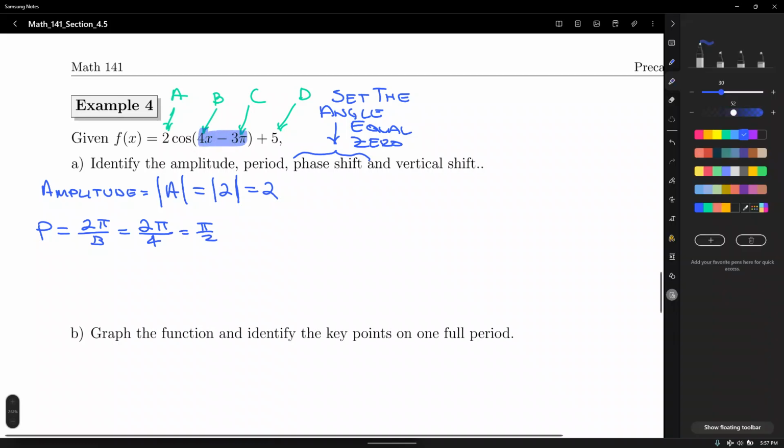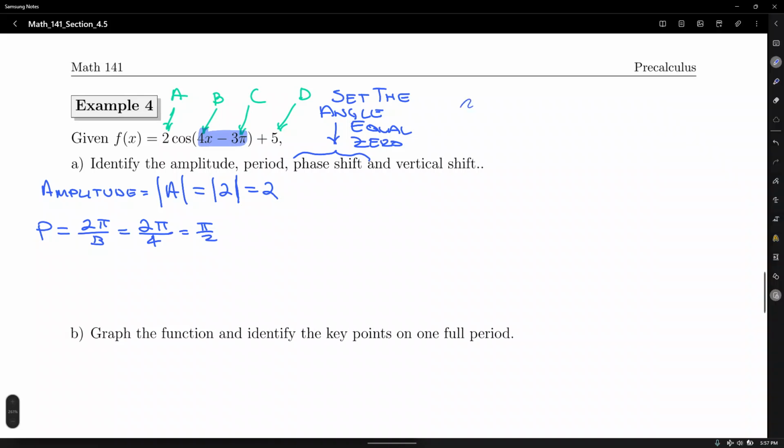That's the angle, 4x minus 3 pi. So phase shift: that is 4x minus 3 pi equals 0. That means 4x equals 3 pi. And dividing both sides by 4, we're going to get x equals 3 pi over 4.